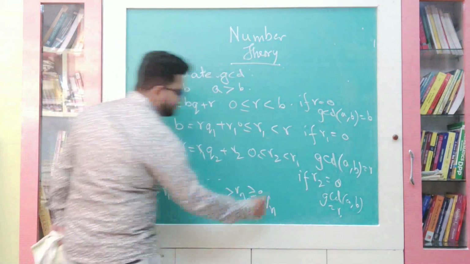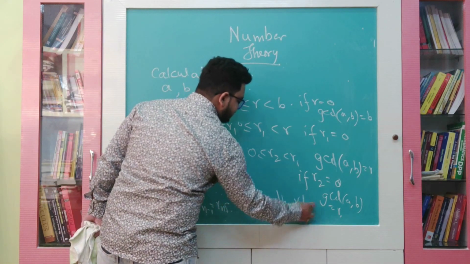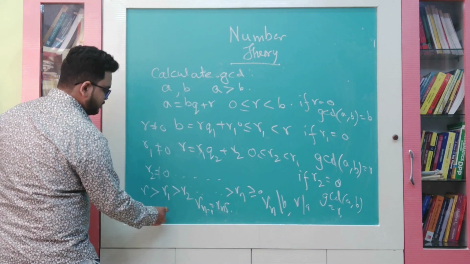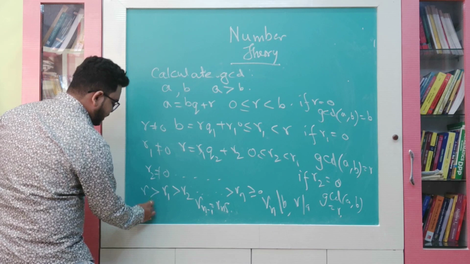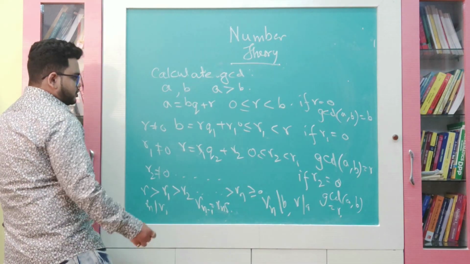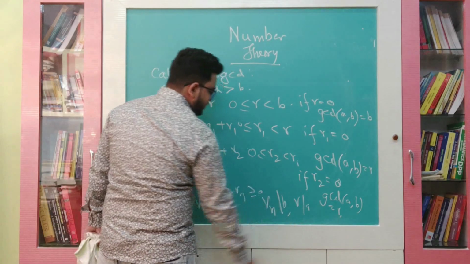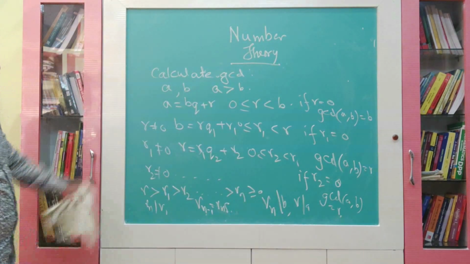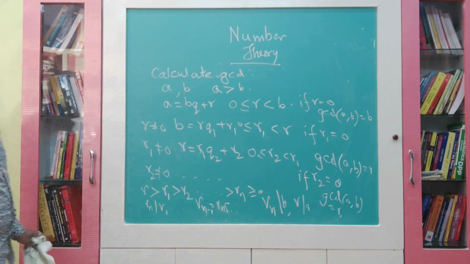Rn divides B, Rn divides A. You can see that Rn divides Ri for all i. So Rn divides B, Rn divides A, so GCD is Rn. So this is the way to calculate the GCD.